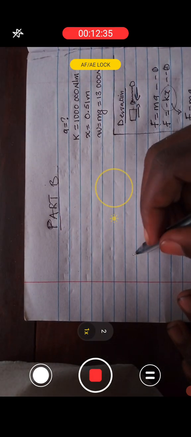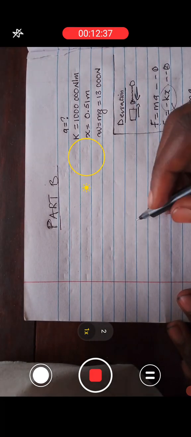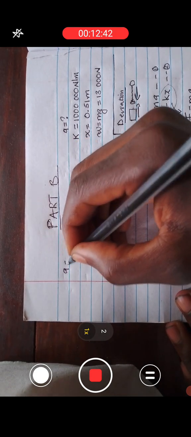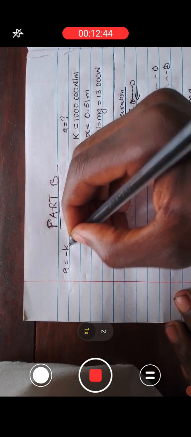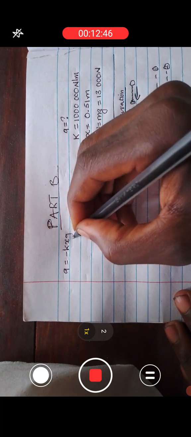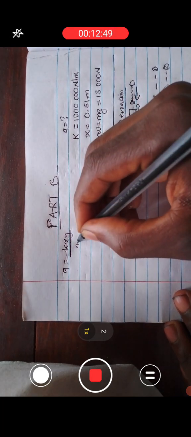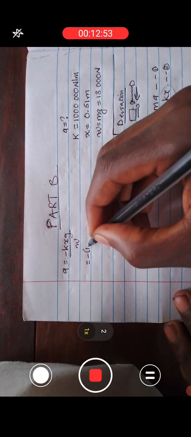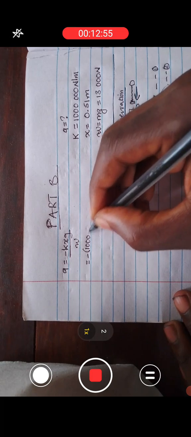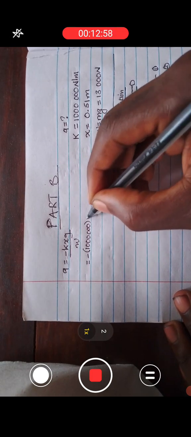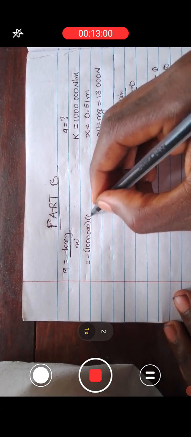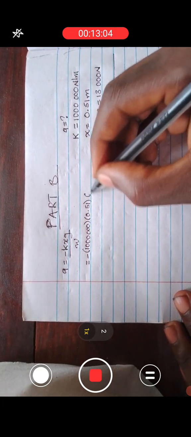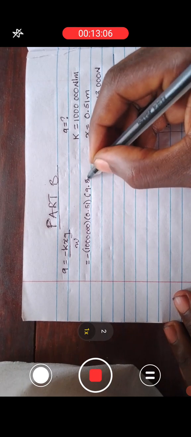So the formula we got is acceleration is equal to negative k x times the gravitational field over weight. The spring constant we know is 1 million. Then the maximum distance we know is 0.51. Then the gravitational field we already know is 9.8.